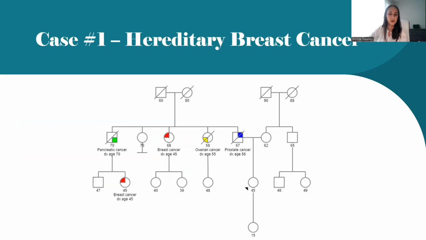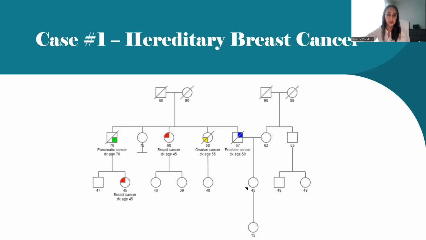And I want to show what we call a pedigree, or a family tree, on this next slide. Now, to everyone else, it's a bunch of circles and squares with some colored in corners. But to genetic counselors, this is very pertinent information and actually adds a lot to our overall risk assessment for hereditary cancer.